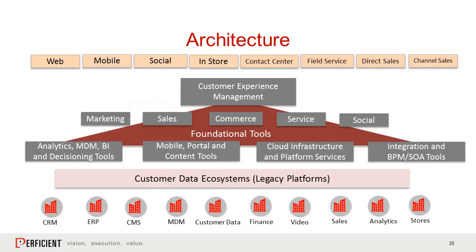So with that, now let us take a look at the architecture. Down below, you have all the disparate applications which store some forms of your customer data. We will pull, cleanse, and organize consolidated data on a cloud infrastructure.